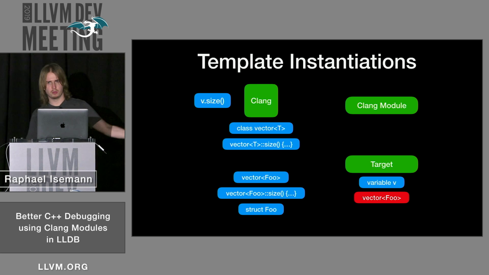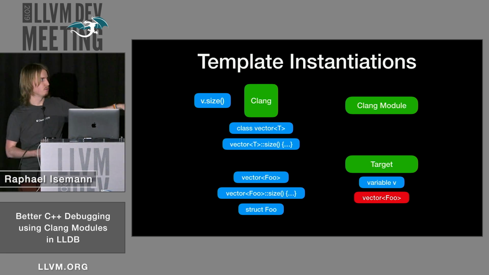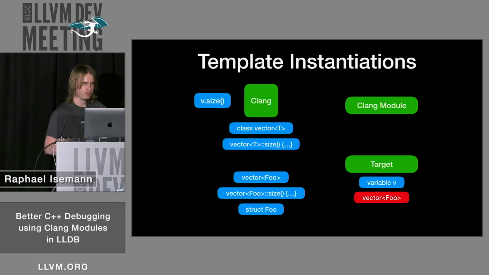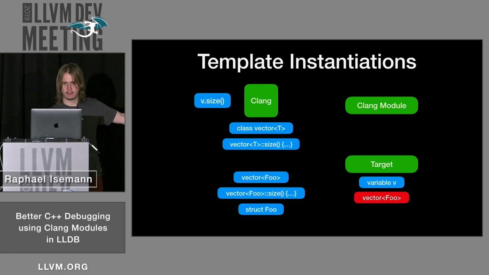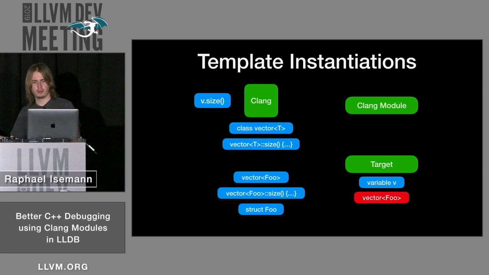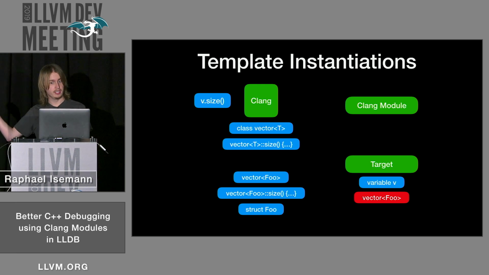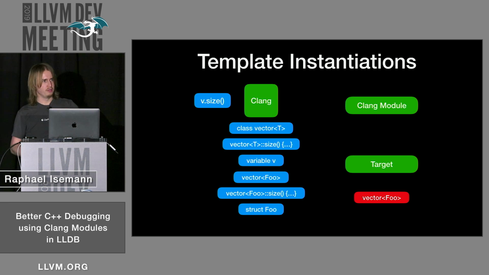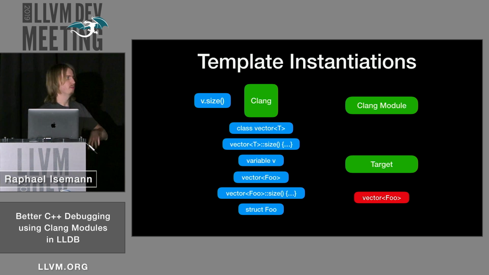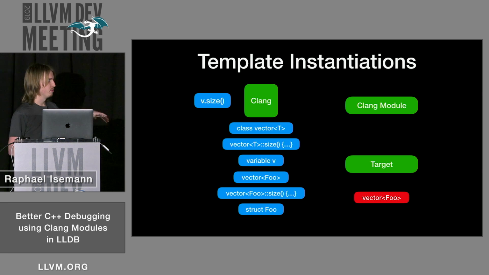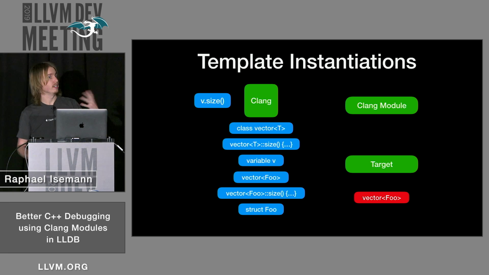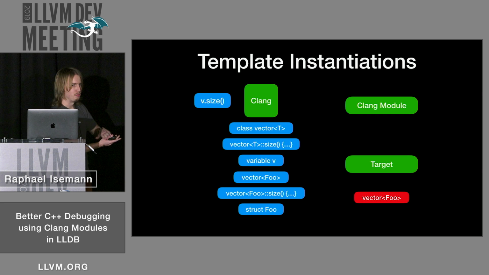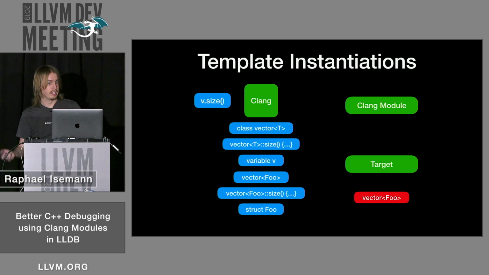We can check the function body, and we can guarantee that a function body actually exists when we evaluate the expression. Now we still have to copy our variable v. We copy the variable v, but the new type of variable v is the vector of foo we just created and slipped in place by copying over the AST nodes.